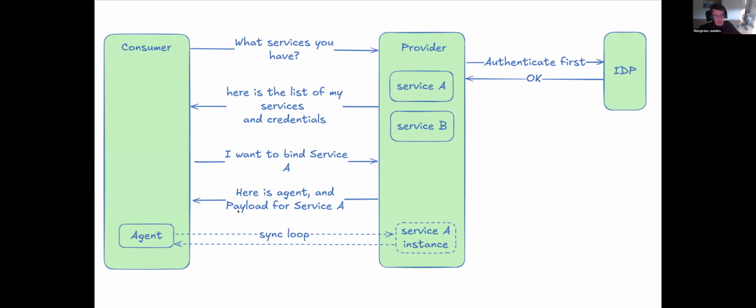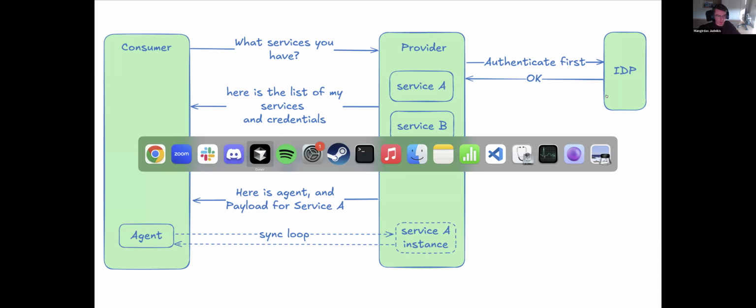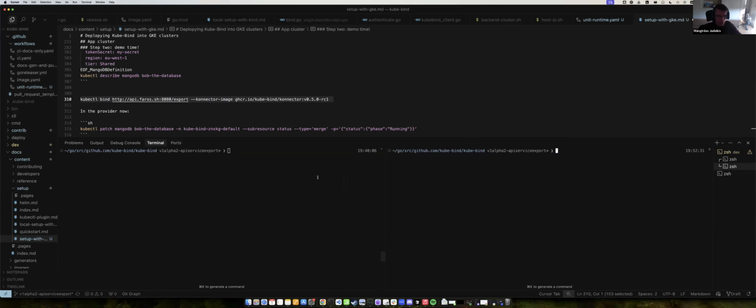You have a standardized agent, which takes over the management of this. Both parties and consumers have to trust a centralized IDP of some sort. So that's very high level. I cut a lot of content out because I think a demo speaks more than slides.